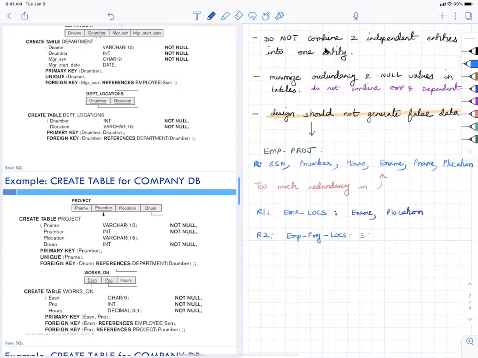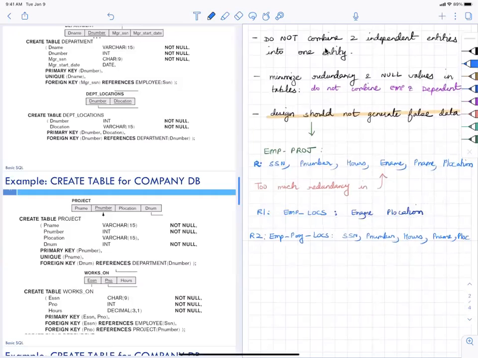This one has social security number, P number, hours, and it has P name. And I put in P location also out here.